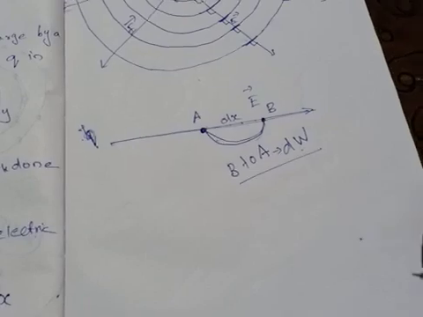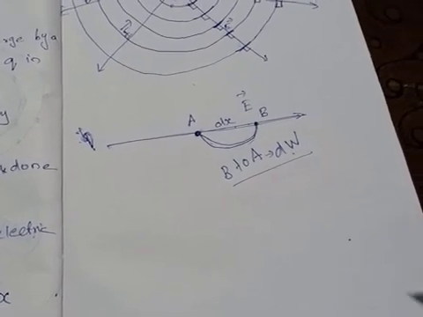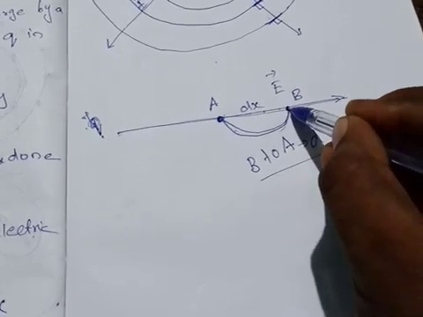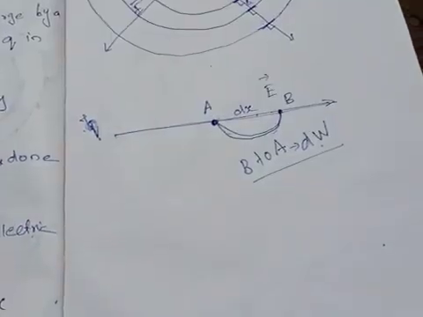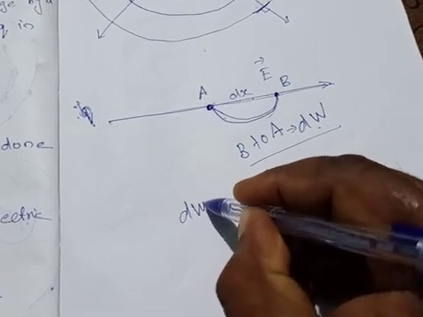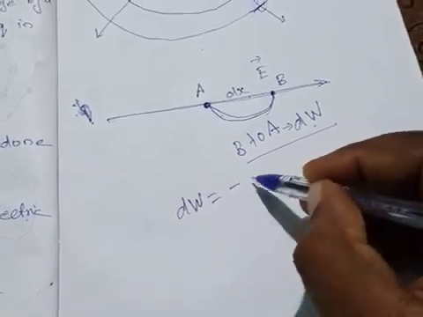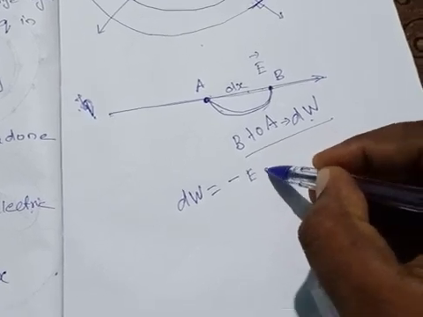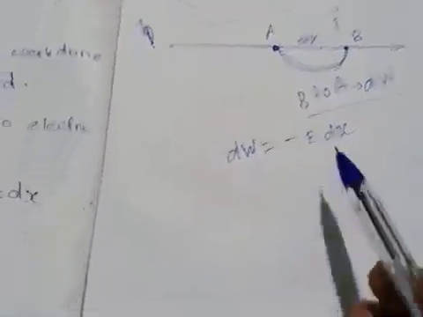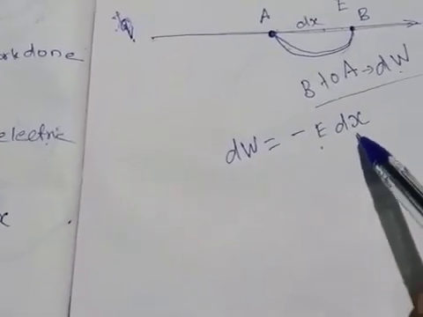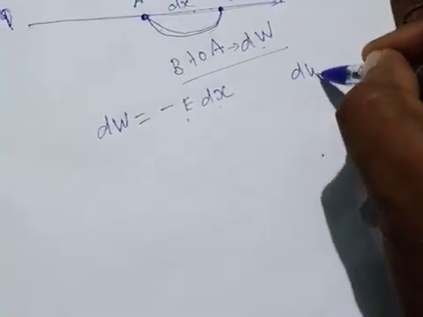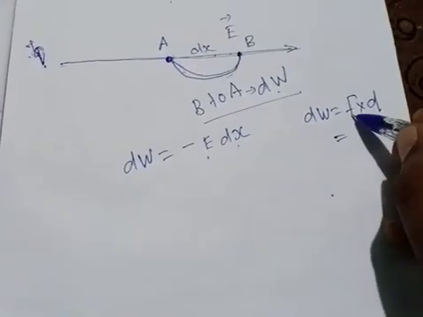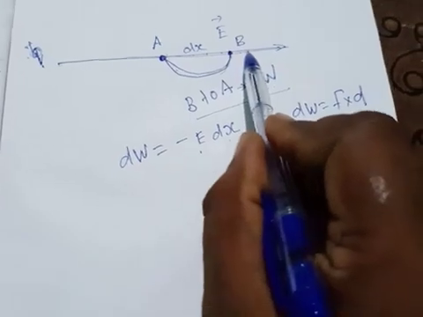How much work did we do to move a unit charge from the position B to A? So that is dW equal to, you can write, minus E dx. We know what this E is, and what this dx is. We know the formula: work done is equal to F into d. And here the force is created by what?